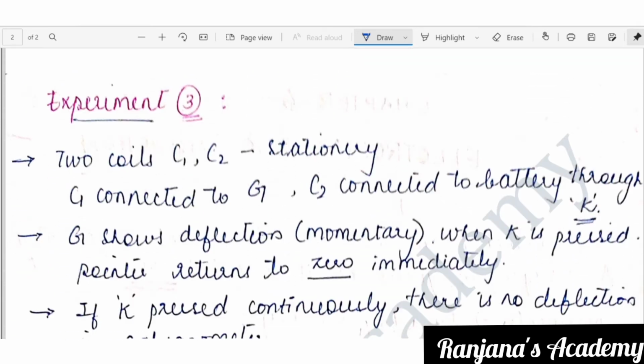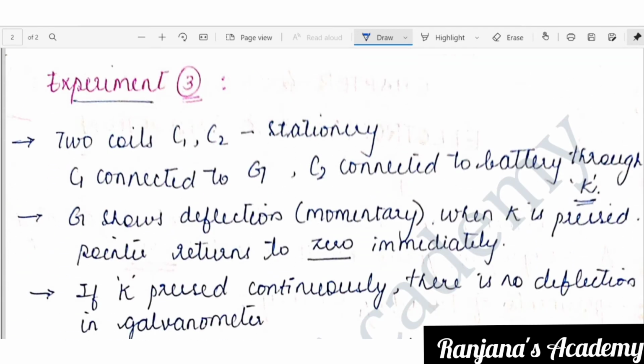What is experiment 3? Two coils C1 and C2 are kept stationary. Till now our concept was relative motion, but even when they are kept stationary, with C1 connected to a galvanometer and C2 connected to a battery through a key K, G shows a momentary deflection when K is pressed.